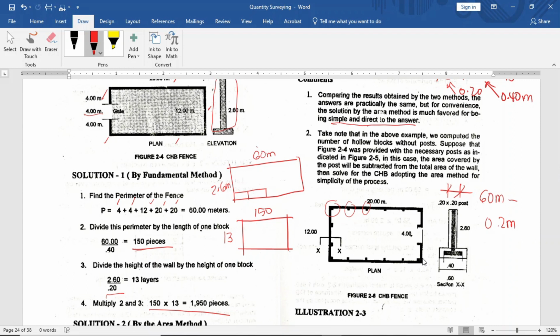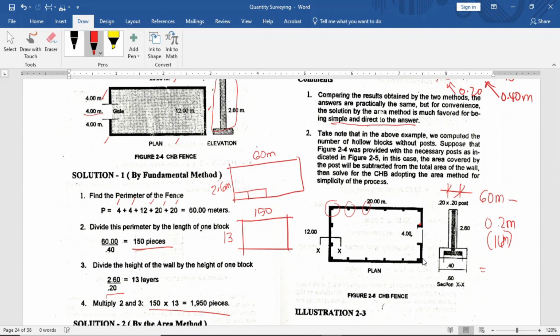So, 1, 2, 3, 4, 5, 6, 7, 8, 9, 10, 11, 12, 13, 14. So, there are 14. 16 pa pala. Mayroon pa pala dito. 16. So, 0.2 times 16 meters.